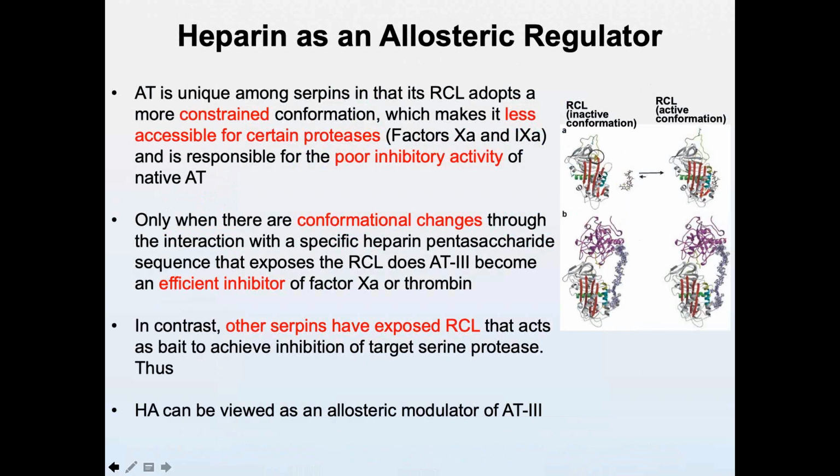So a similar thing happens here. You bind here, there's a cascade of structural changes that manifest in this move to just flip up in order for the arginine to come up and be able to bind to the thrombin. So basically that is why this pentasaccharide or heparin is also called an allosteric effector of antithrombin.